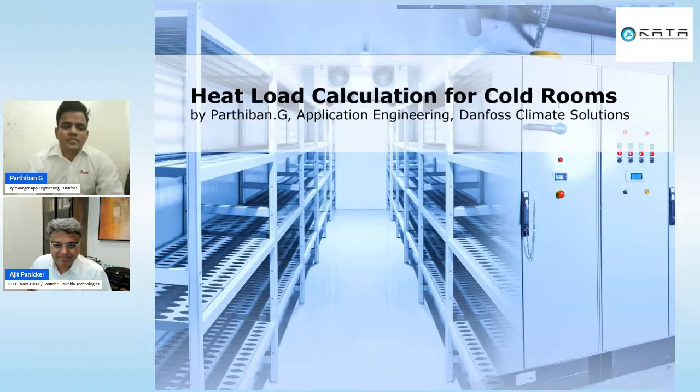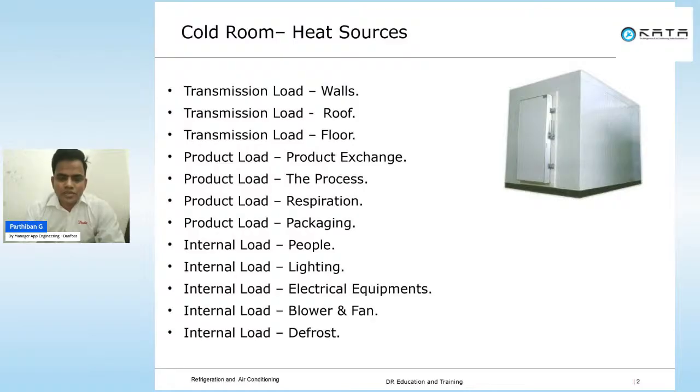So, we will discuss heat load calculations for cold rooms today. There are a number of heat sources which contribute to the heat load for cold rooms. The heat sources can be classified into three broader divisions. First is transmission load, second is product load, and then internal load.